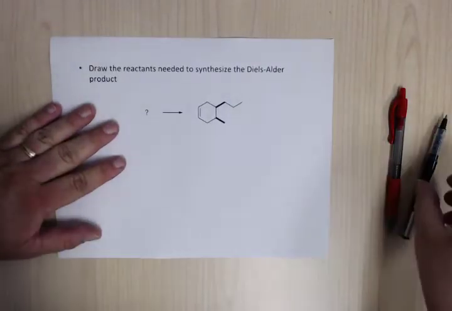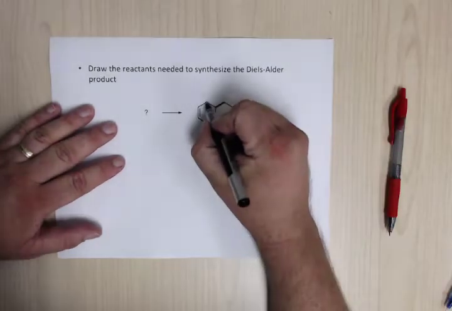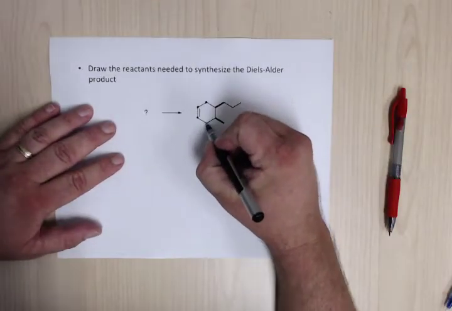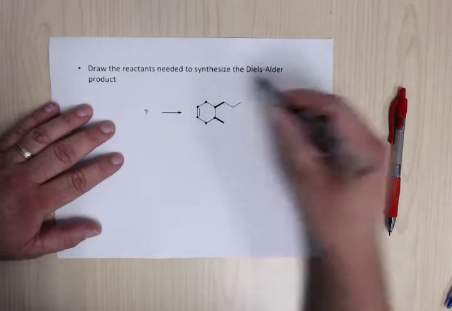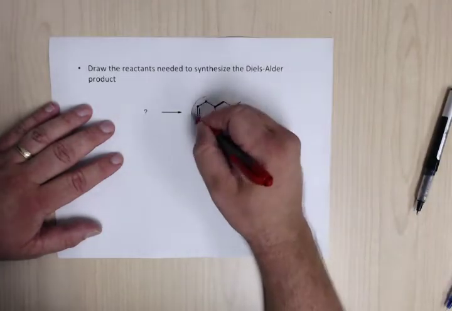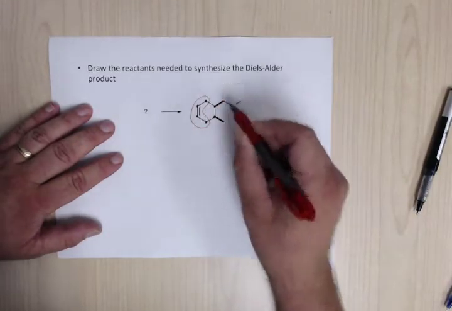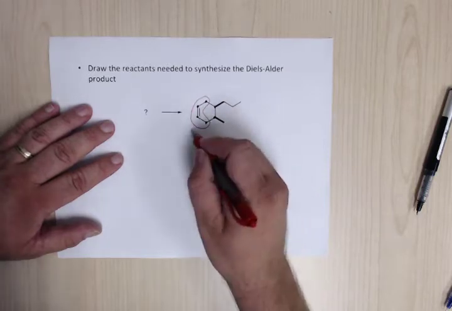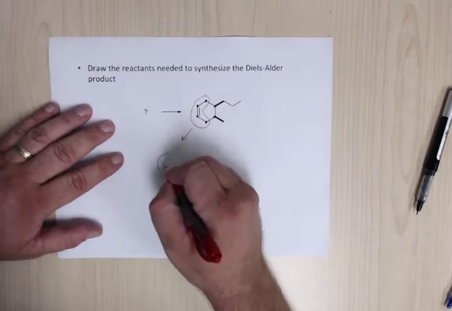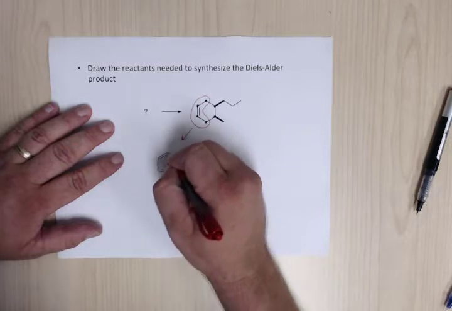Now, for the Diels-Alder, right? So for here, remember, it always makes this 6-membered ring. Okay. So these 4 carbons of the ring are going to be your diene. So that's going to be like this.